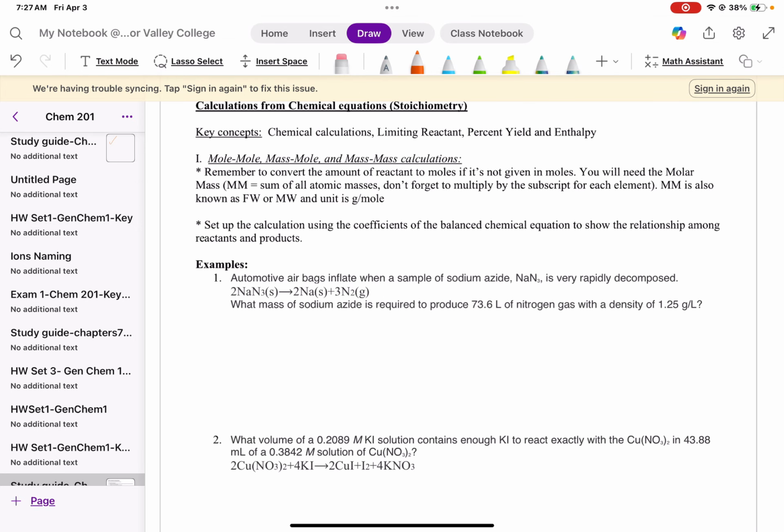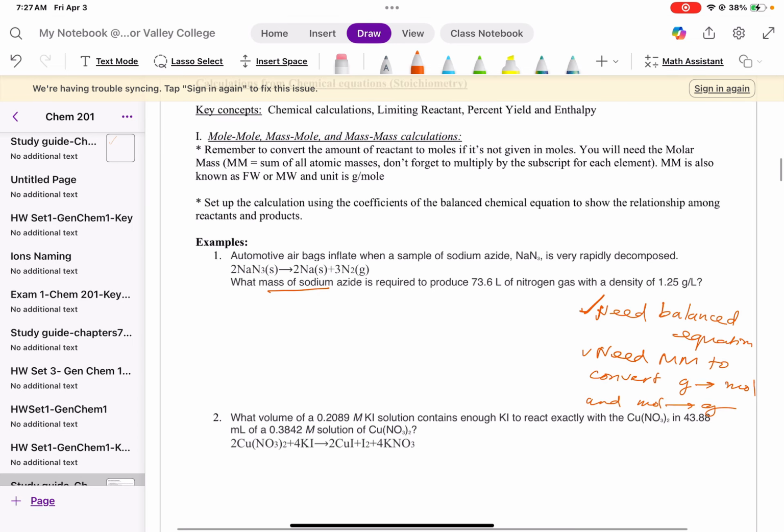Remember, whenever we do chemical calculations, we need balanced equations, and we also need molar mass to convert gram to mole, and later we convert mole to gram.